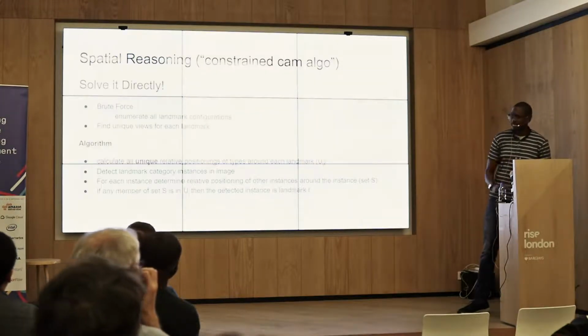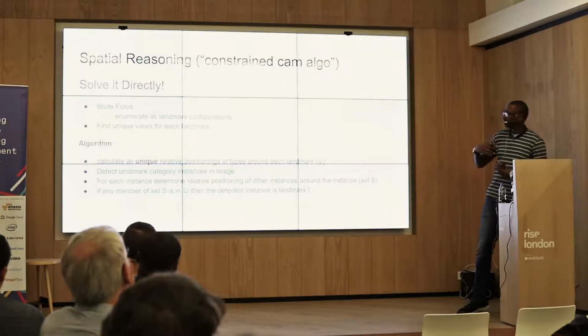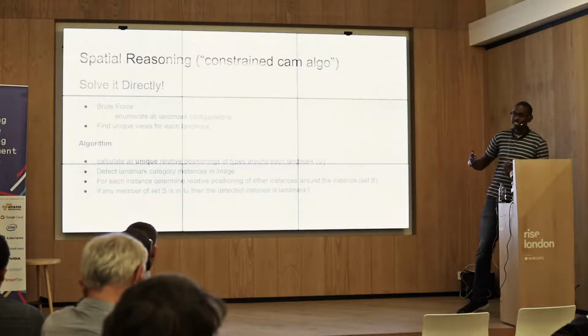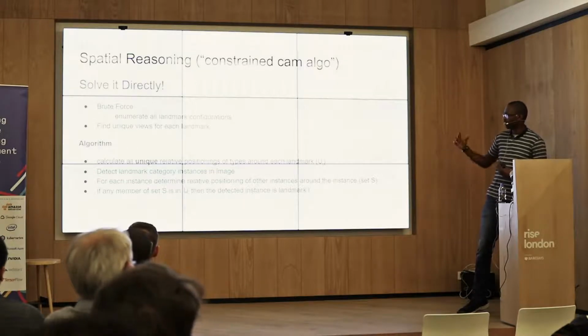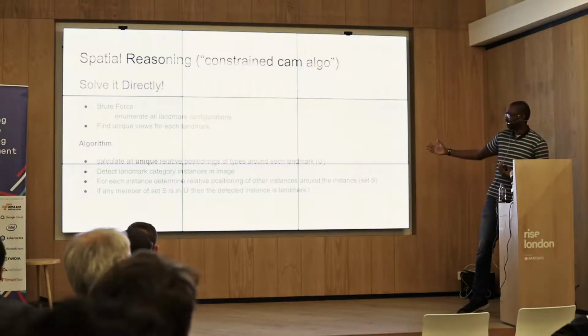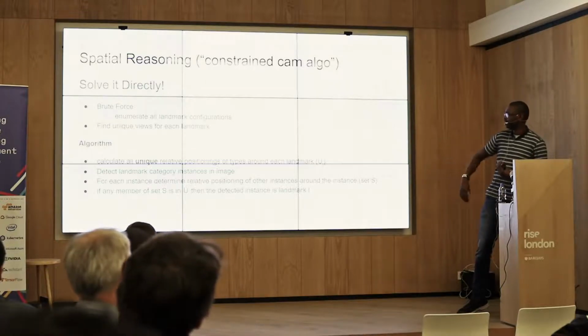So that's what I do, and I call this the constraint camera algo, and it's mostly using set theory, and you just solve it directly and it's brute force. You enumerate all possible configurations of category types against a target category that you want to classify for a label, and you're finding unique views from a type category. You calculate all unique relative positionings, and that creates a set UL, and you then run the detector to detect the category instances.